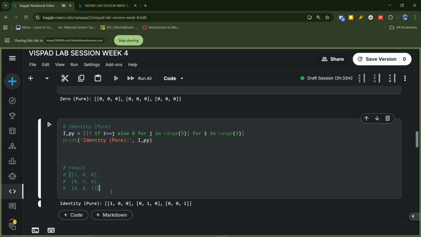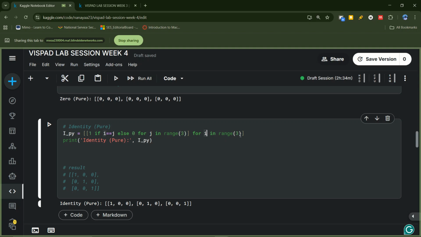Okay, we have the identity matrix. This too is here. As usual, if you were following what has been said previously, this is very easy to follow. It says 1 if position i is equal to position j, put 1 there, else put 0, for j in range of 3 and for i in range of 3.